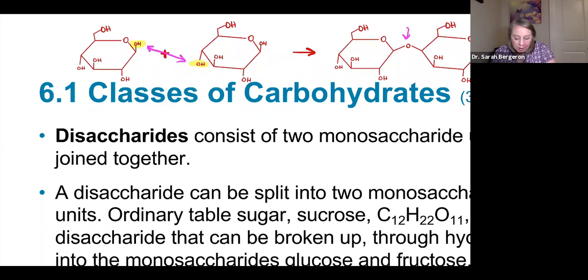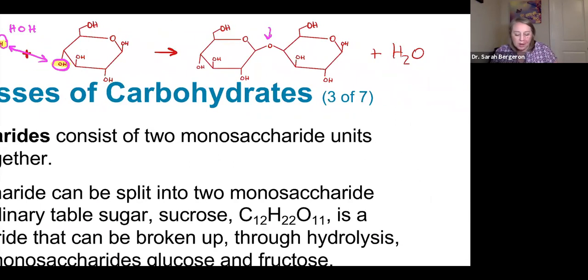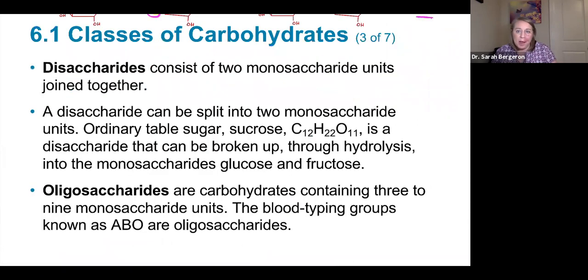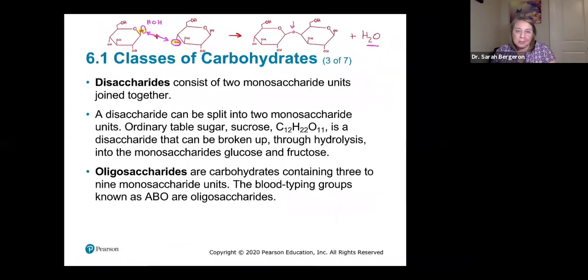So what are you going to have left over? You're going to have a hydrogen from one of them, and then you're going to have a hydroxyl group from the other. Well, what is HOH? Okay, so you could go backwards with this reaction. You can split a disaccharide.